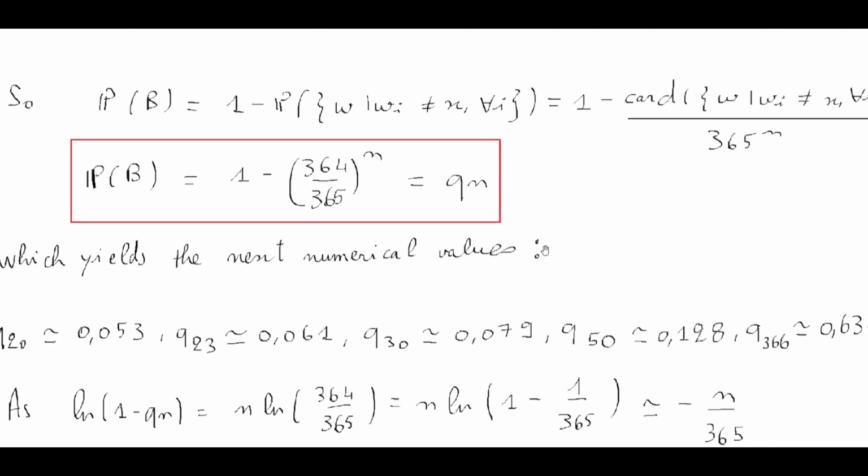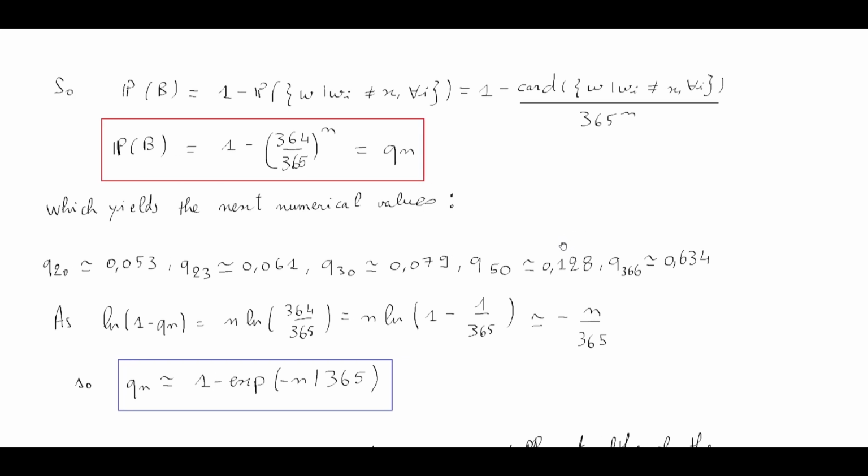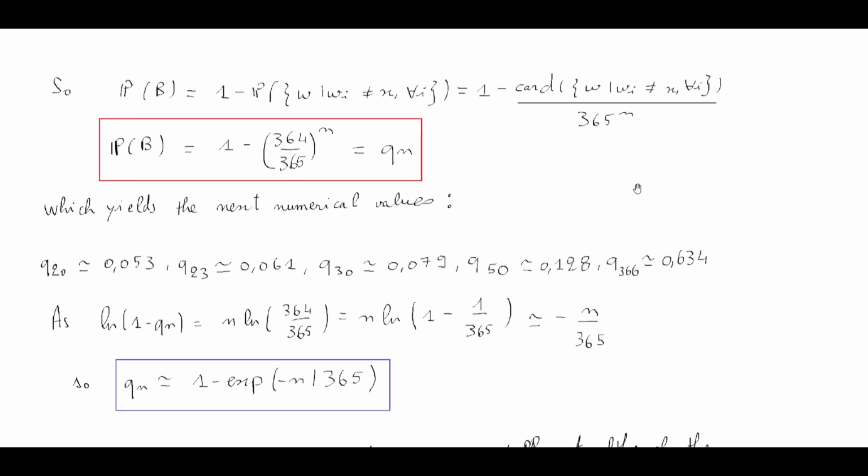So the probability of the event B is then 1 minus the probability of the set of omega such that omega i is different from x for all i, which is equal to 1 minus the cardinal of such set divided by 365 to the power of n.